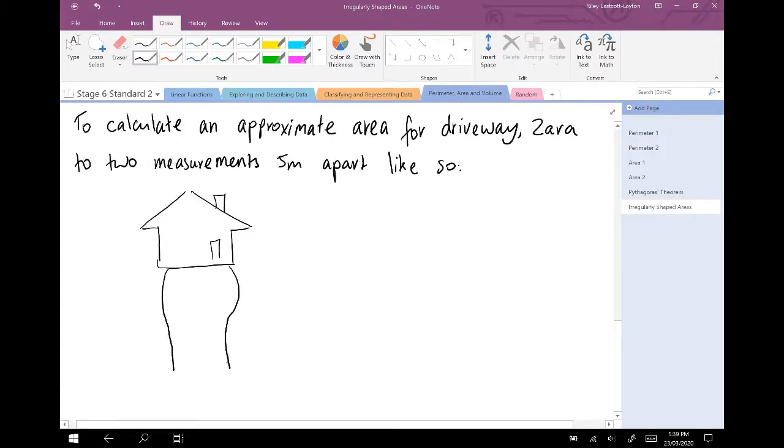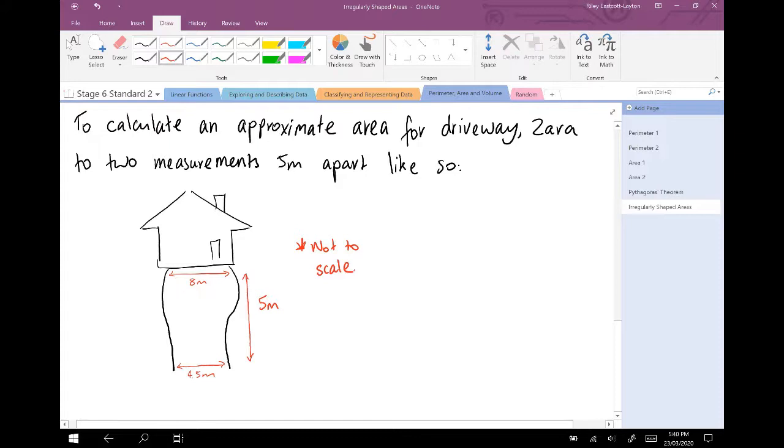So we got told that the first measurement across here was where Zara's first measurement was, and it was 8 meters. And Zara's second measurement was here, and it was 4.5 meters. And we also knew that these were 5 meters apart. Not to scale.